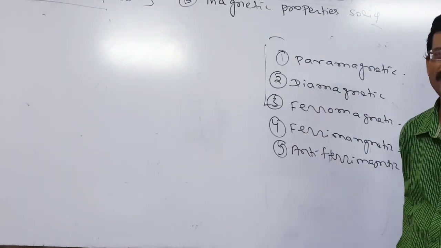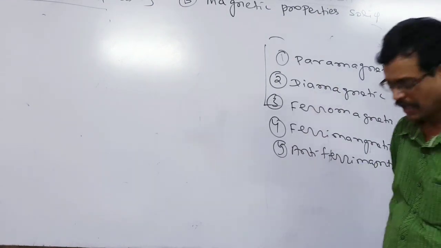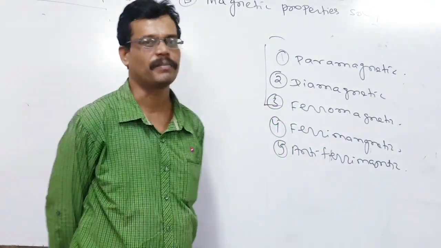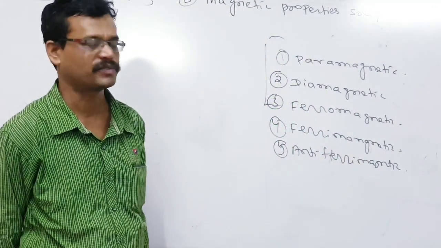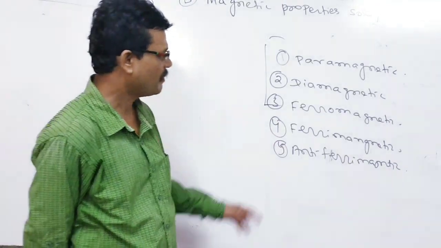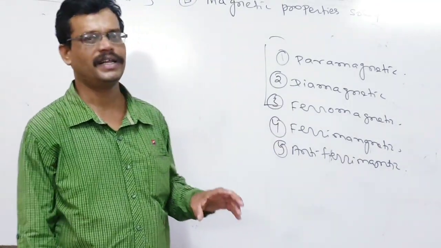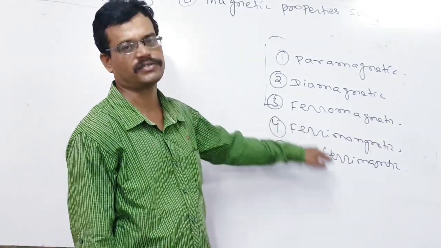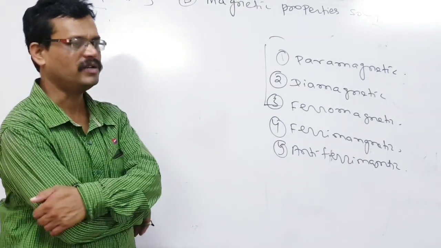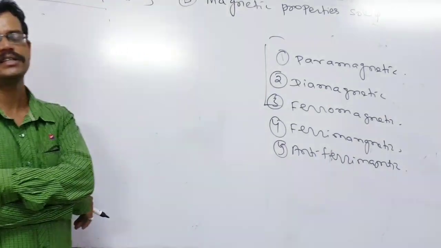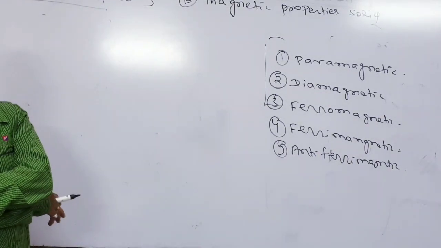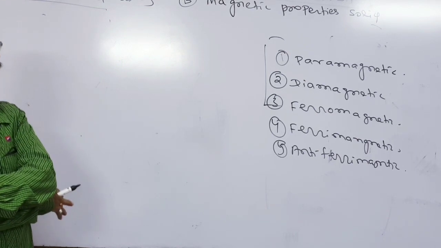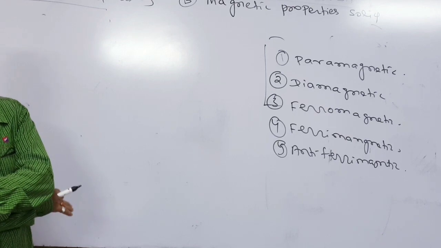Paramagnetic substances are weakly attracted by the magnetic field, due to the presence of unpaired electrons in the atoms. Diamagnetic substances are repelled by the magnetic field. Ferromagnetic substances are strongly attracted by the magnetic field, and they retain their magnetic nature even after the field is removed.